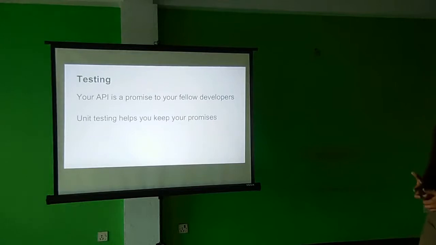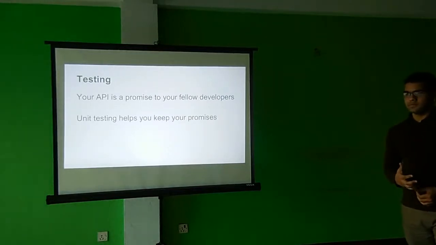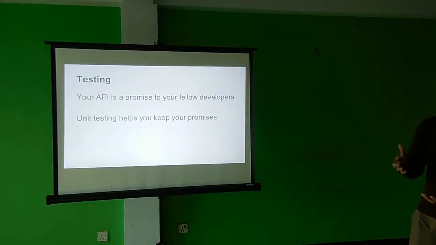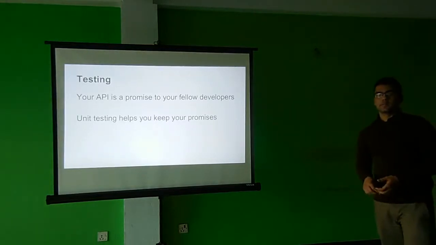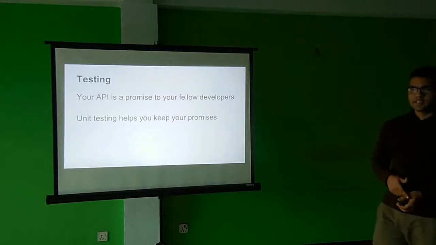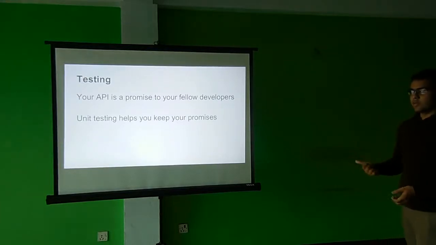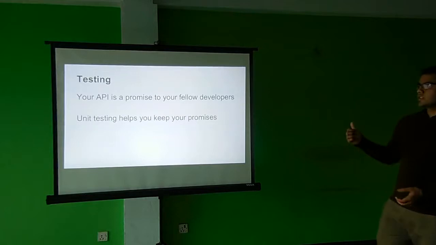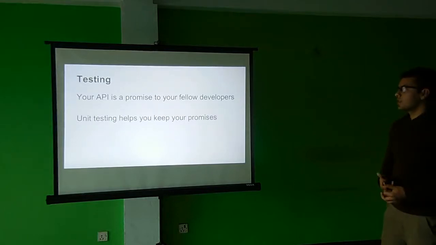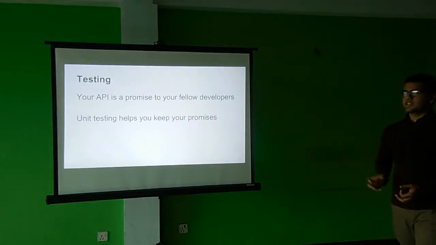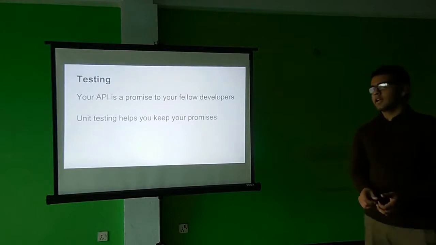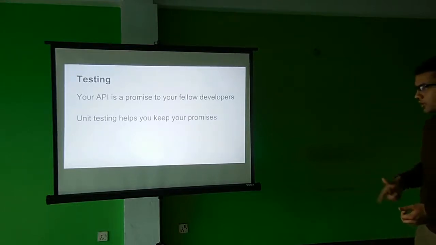So, testing. When a person creates an API on behalf of a company, the person may not be associated with the company forever. When a new programmer, a new employee, takes over, they need to know everything about the API. This can be achieved with the help of testing. We need to write test cases for each API, and unit testing.